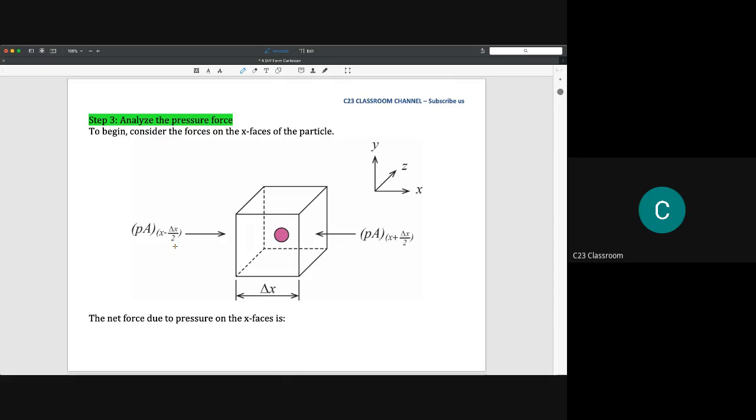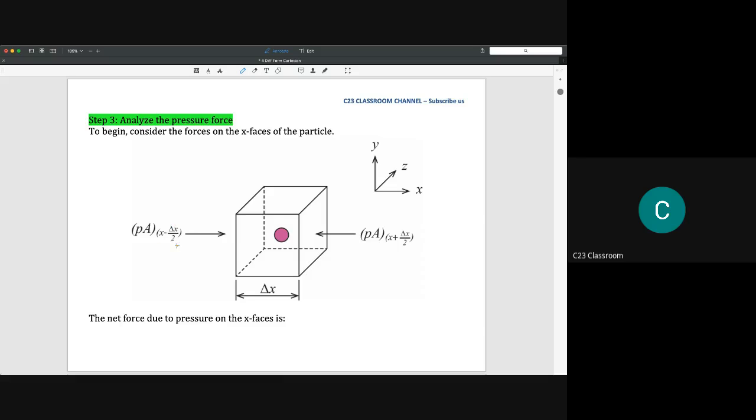So the pressure from left to right is P, multiplied by the area here, and it creates force. Another force acts from right to left, and we could write it as P times A. But to differentiate the value, the direction, and so on, if you see a common textbook about this, they will write x minus delta x over 2.